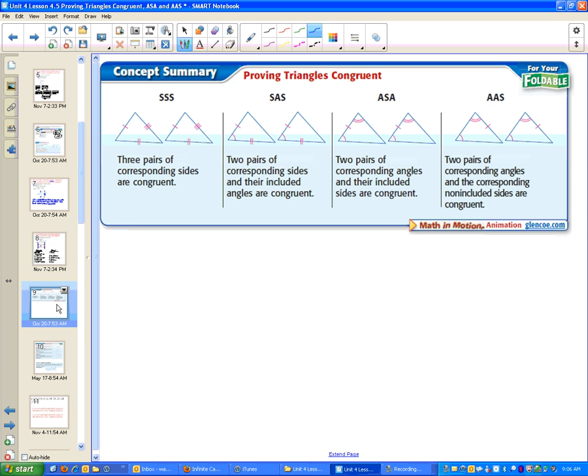Okay. So look, we've got 4 methods now. We've actually got 5. You can always use the definition of congruent triangles, but will you ever use the definition of congruent triangles? No, because before you get to all 6 pairs, you're going to hit one of these 4 methods. Okay? So side, side, side, side, angle, angle, angle, side. Now, since in this section we just learned angle, angle, side, they can all be done using one of those methods.